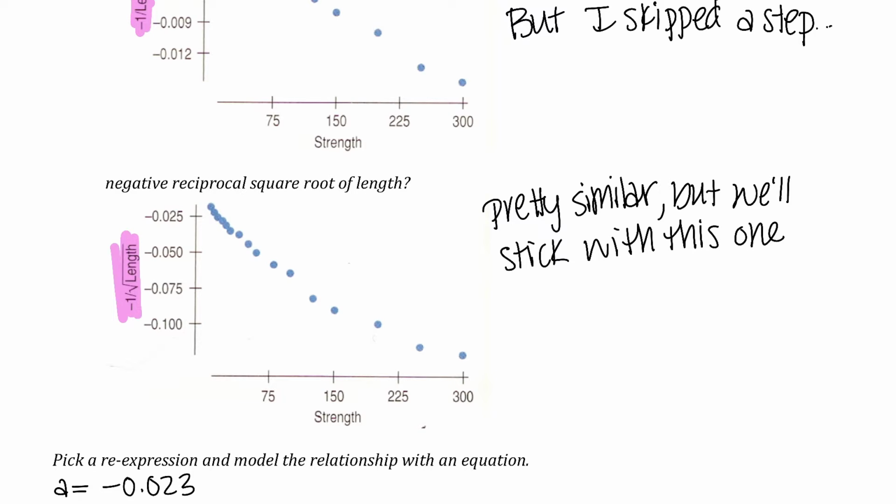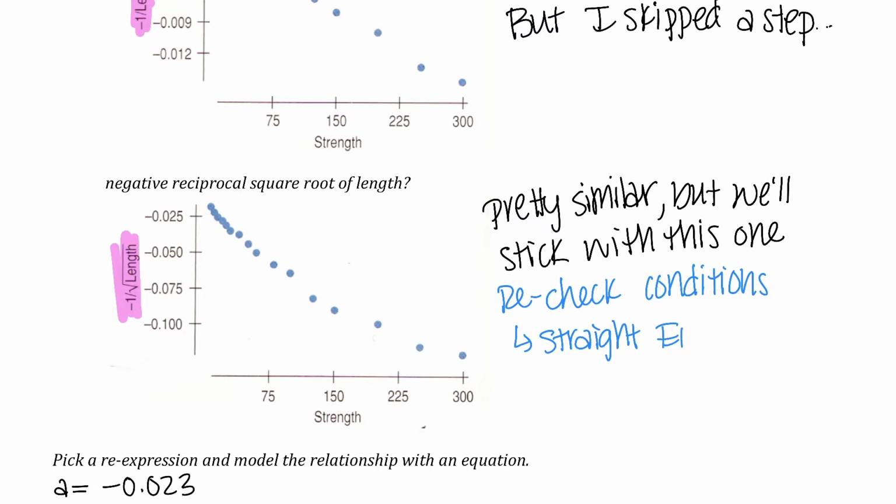Once you pick a re-expression you like, you've got to recheck your conditions. Obviously, if we had quantitative variables to start, they're going to stay quantitative variables, so you don't need to change that. You don't have to recheck it. But is this straight enough now? Yes.